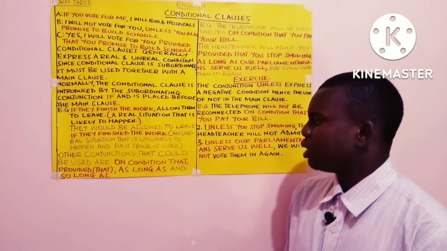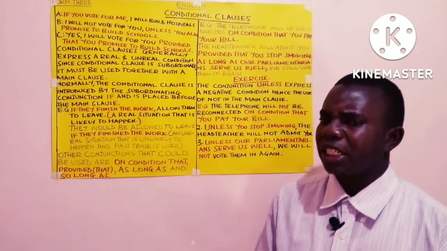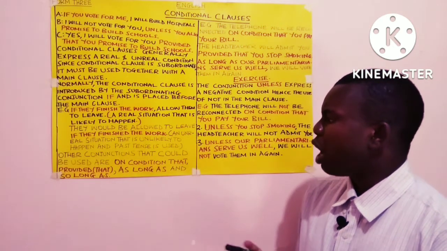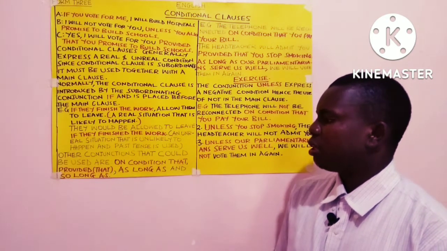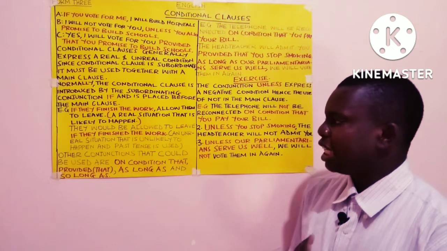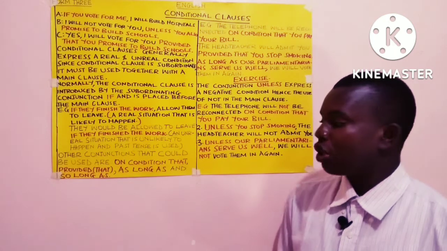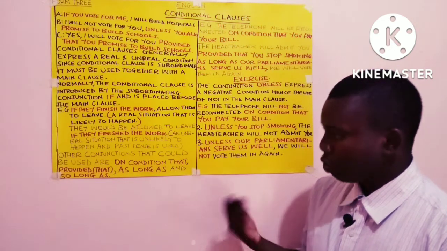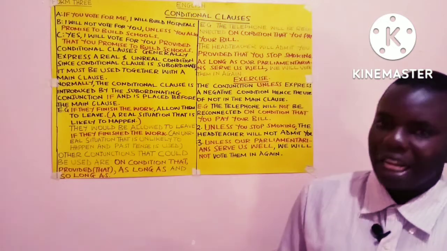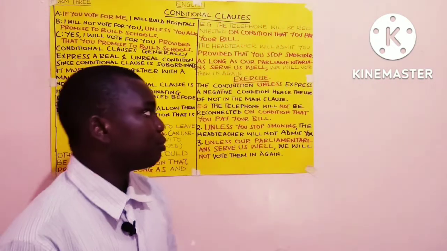An example is "on condition that." We also have "provided that," and that is in brackets to mean that we can decide to omit it. We also have the conjunctions "as long as" and "so long as." Let us look at them in the various examples.